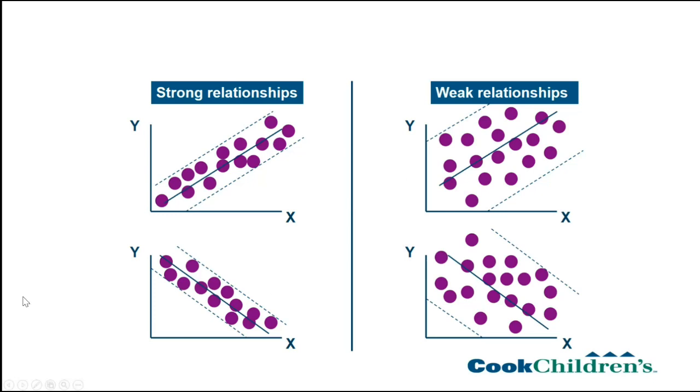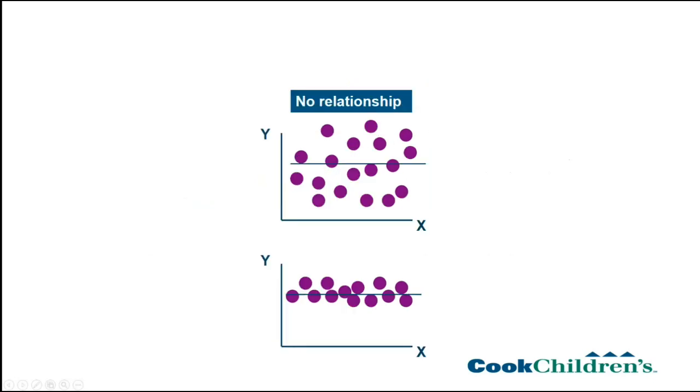But in order to obtain that model, you have to go through a number of steps. The more the data correlates to the predicted model, the more the relationship can be described as either positive or negative.